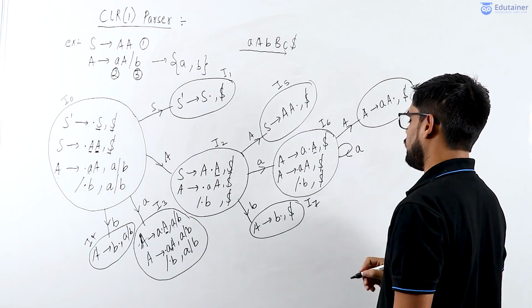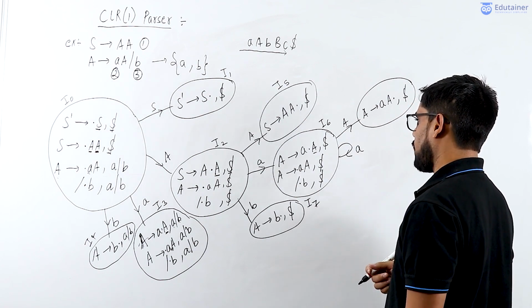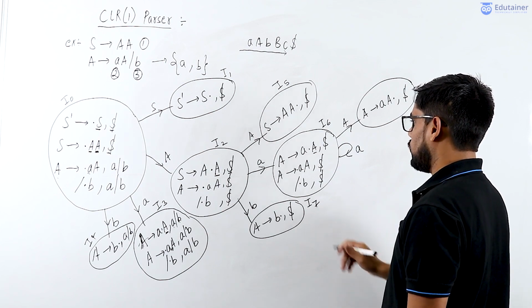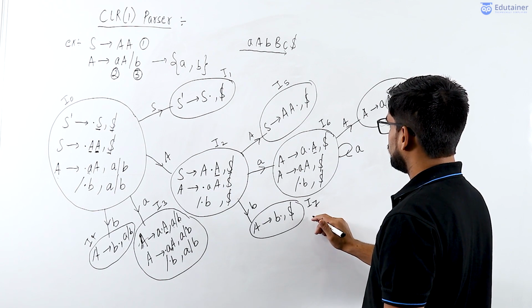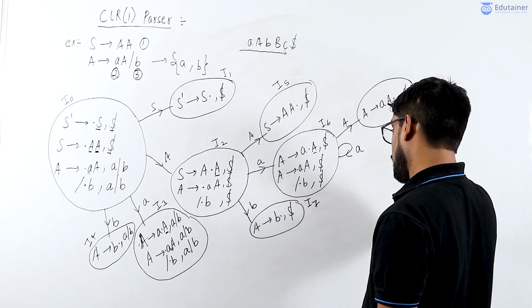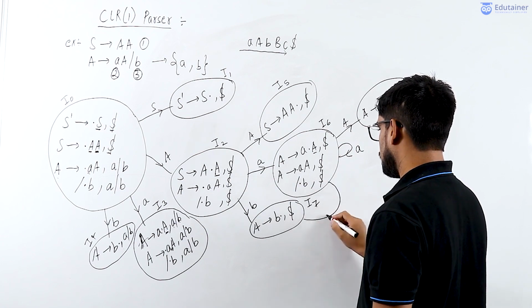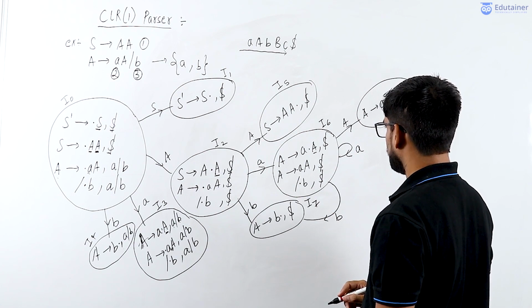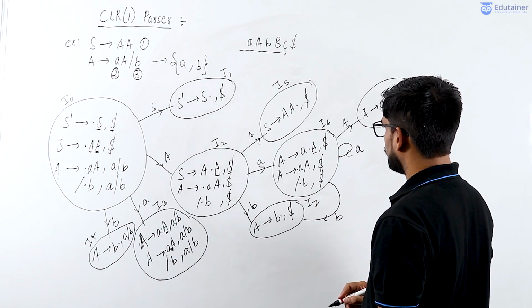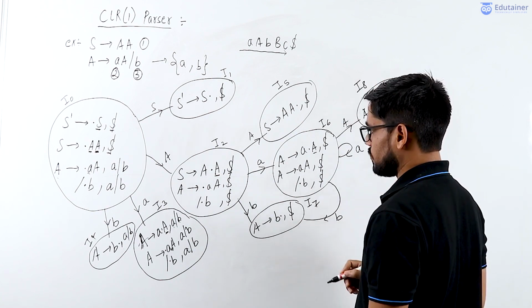So on small a, it will come to state number I6 itself, and on small b, it will go to state number I7. Okay, let's call it as I8 state.